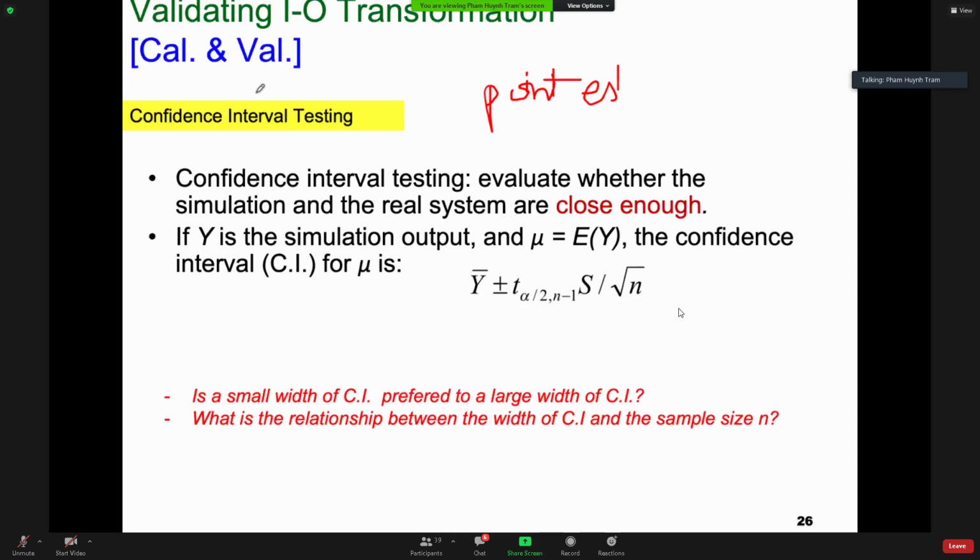But we have other ways to estimate a statistical result. Instead of looking at a point estimate by calculating the average, we can look at a range estimate. That's when we calculate the confidence interval. Instead of saying the average waiting time is about 4.7 minutes, we can say the average waiting time ranges from 4 minutes to 5 minutes with 95% confidence.